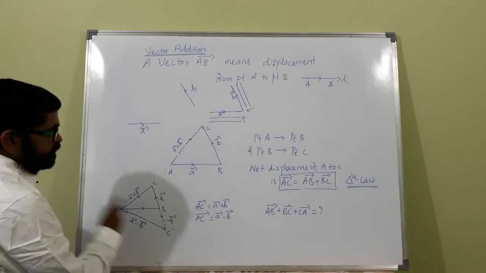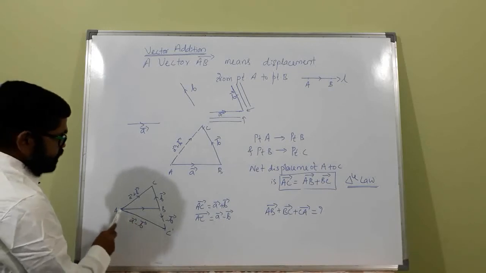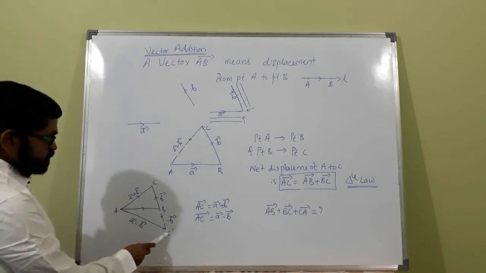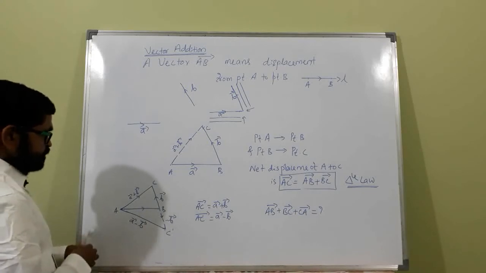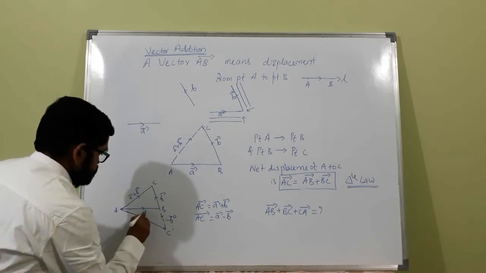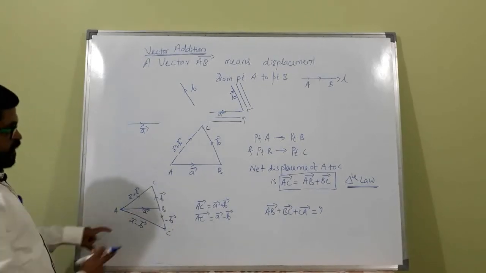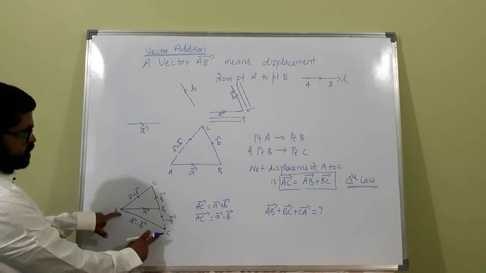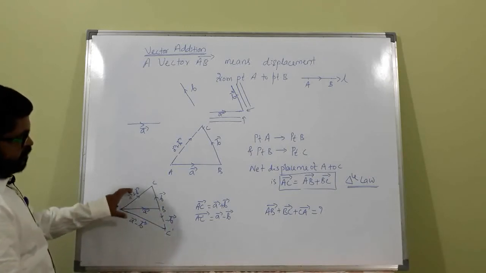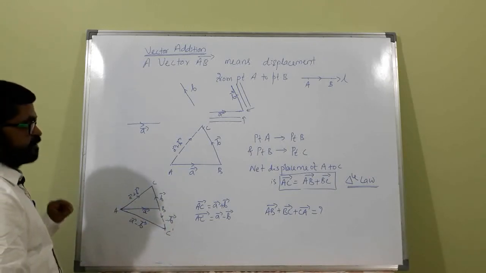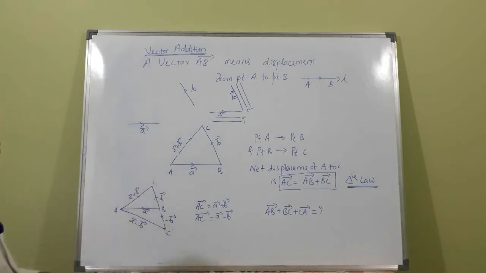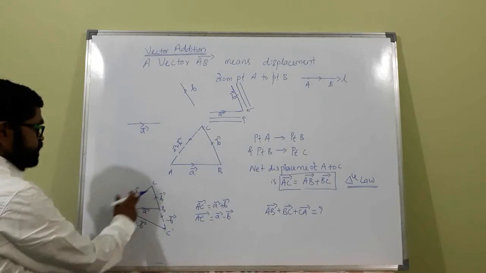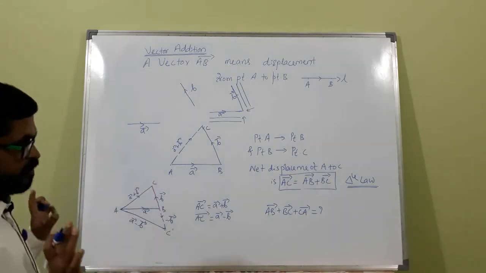So this will be minus B. With minus B, the net displacement is given by A to C dash, which is A plus minus B, that is A minus B. Therefore AC dash is A minus B. This is AB plus BC equals AC, that is the triangle law.